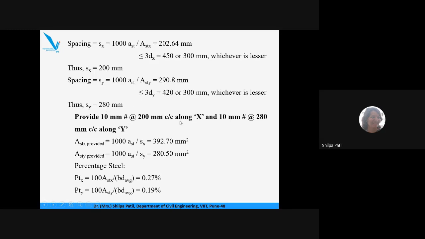So one statement which will come at the end: provide 10 mm diameter bar at 200 mm center to center along X and 10 mm bar at 280 mm center to center along Y. Here this value is coming as 290. It is still less than 300 mm. So you can provide 290 mm also, or 280 can be reduced further.